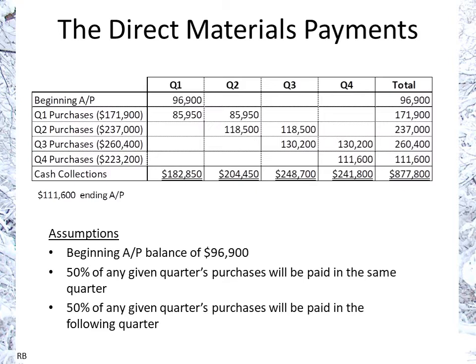We can also calculate the ending accounts payable, because in the fourth quarter of the 223,000, we're going to pay half of that in the fourth quarter and half after the end of that year. So 111,600 will still be open as accounts payable at the end of the year.